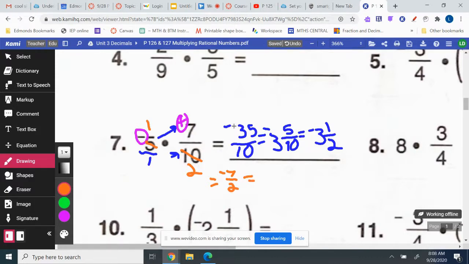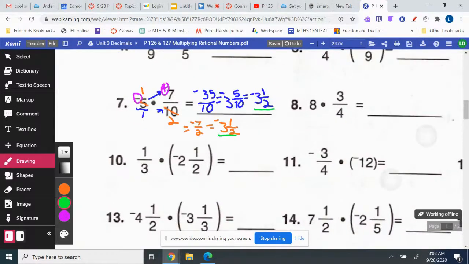Now I divide that out. 2 goes into 7 3 times, still my negative number, with 1 left over. I want you to notice that we get the same answer. It doesn't matter if you do it the orange way or the blue way, you'll get the same answer.